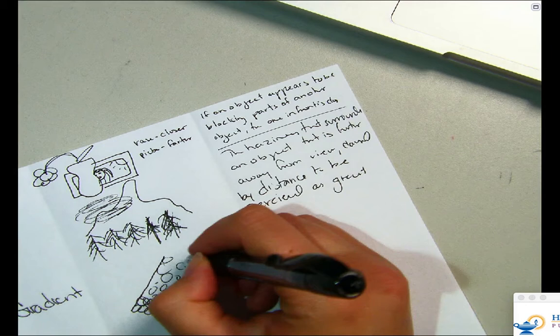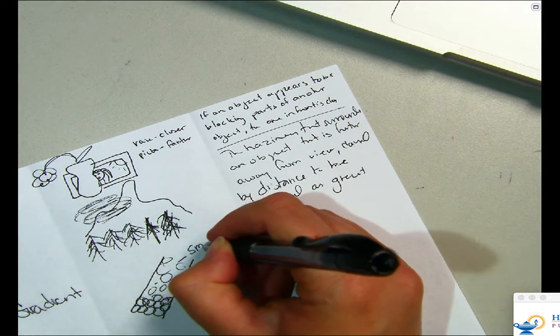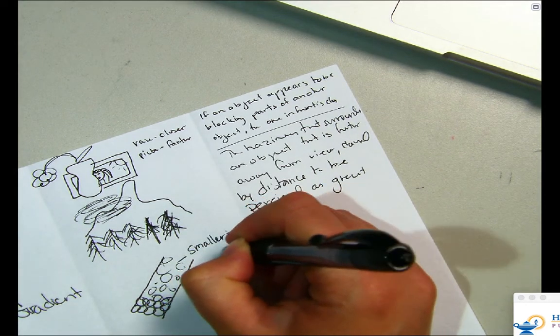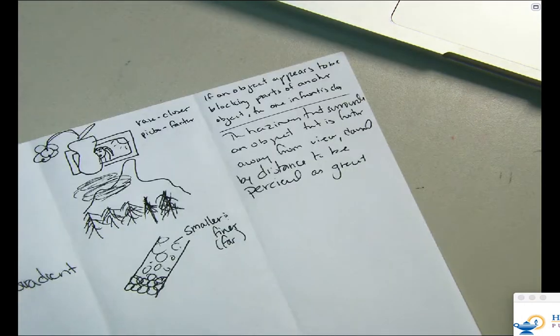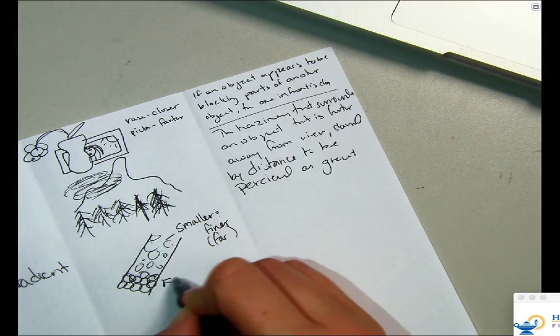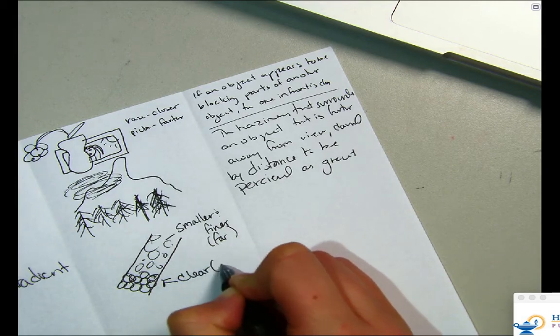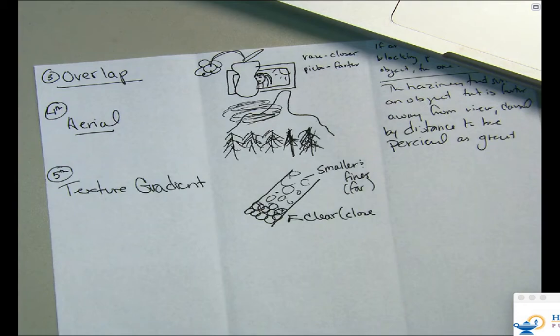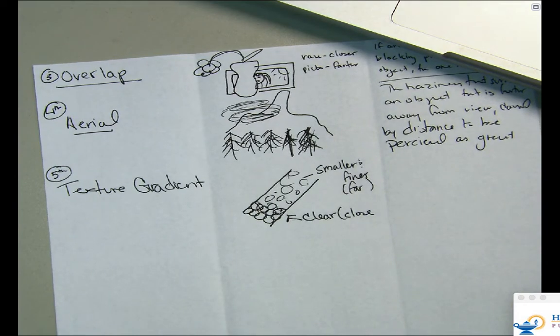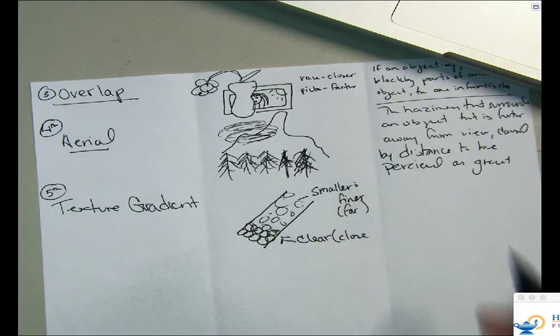Okay, so the smaller and finer is far away. Your clear is close. So the more details you can see, is it closer or further away? The more details you see, the closer it is.